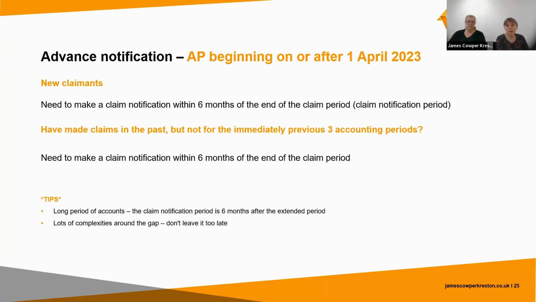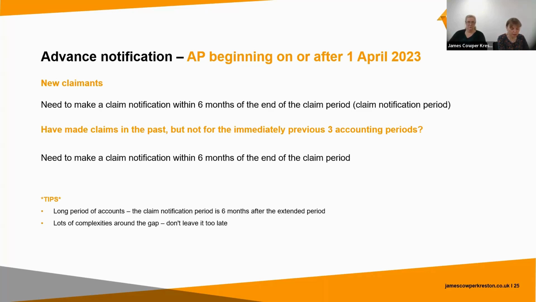The normal deadline for R&D tax relief is 2 years. So you've still got 2 years to claim, but you have to advance notify through a separate portal within the 6-month deadline. And the two rules there are either if you've never made a claim before or if you've had a gap for a few years. And again, this deadline applies.